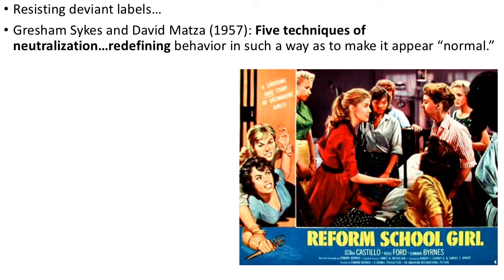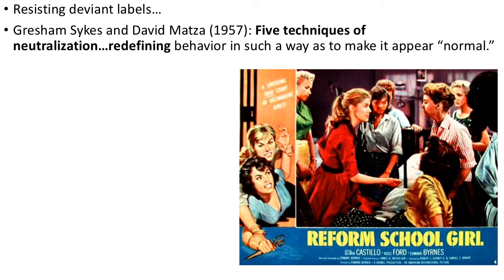I have a picture here of an old movie poster from the 1950s called Reform School Girl. The reason I have it up there is because Sykes and Matza came to these techniques of neutralization through their work on juvenile delinquents.